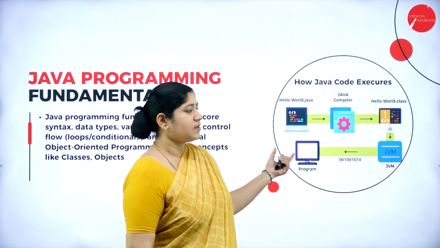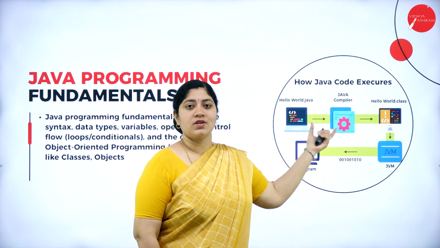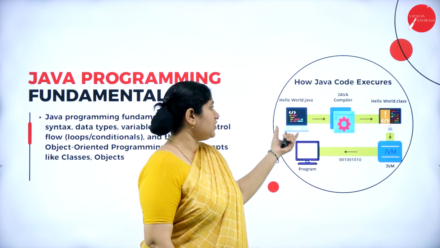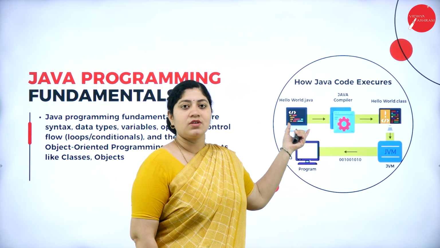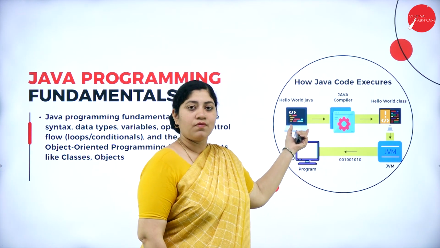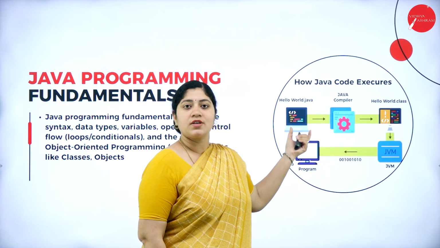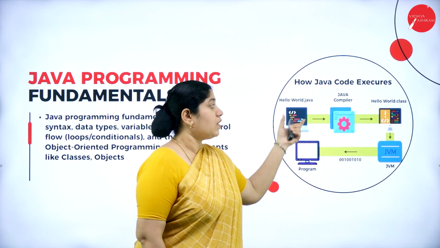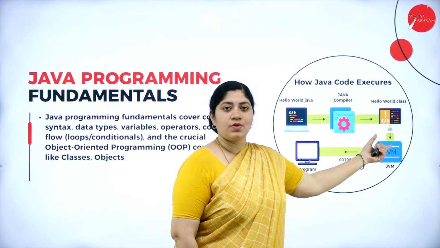Here, there is a simple figure which exactly shows how the code works. Initially, we write the code and save it using a .java extension. Then we use a compiler, which compiles our program. Next, the program is converted into a class.